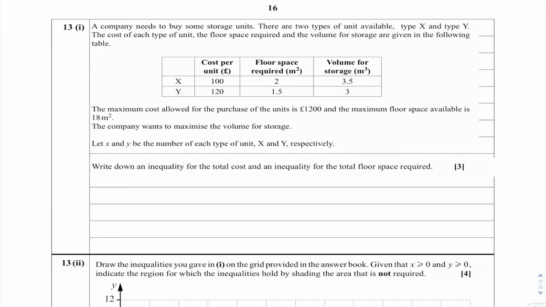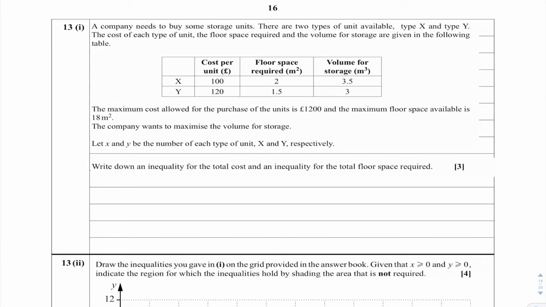The company wants to maximize the volume of storage. Let x and y be the number of each type of unit, type X and type Y, respectively. Write down the inequality for the total cost and the inequality for the total floor space.